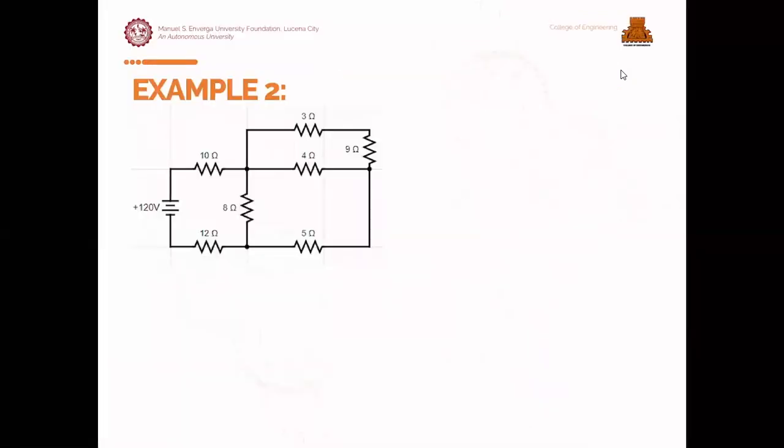Now, we can now get yung total current na nagra-run dun sa buong circuit natin. So, VT over RT, that will be 120 volts all over 26 ohms. So, 120 over 26, that is 4.615 amperes. Okay?